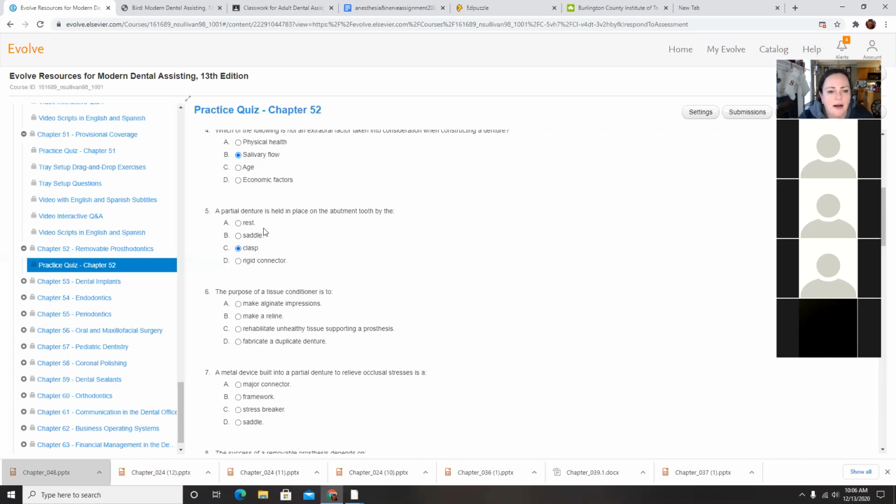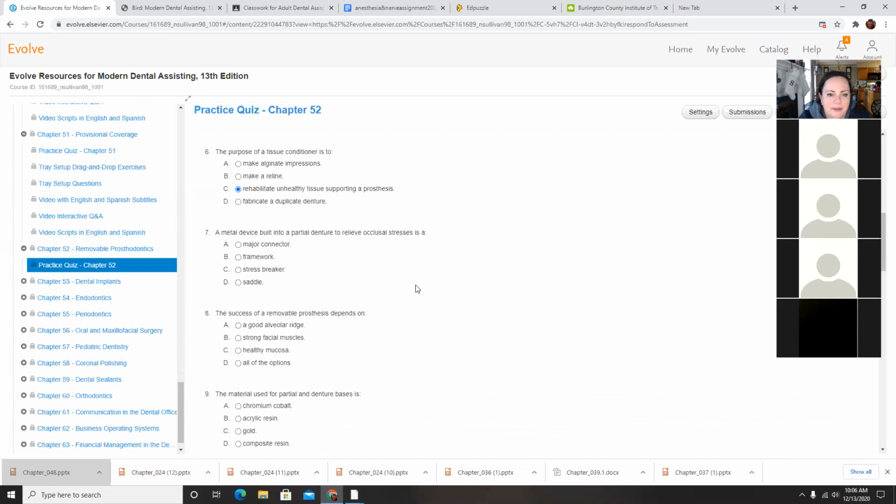I'm sorry. The purpose of a tissue conditioner is to... See? A metal device built into a partial denture to relieve occlusal stresses is a stress breaker or a saddle?